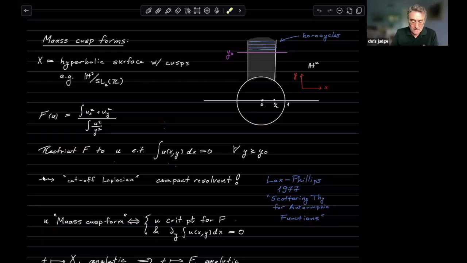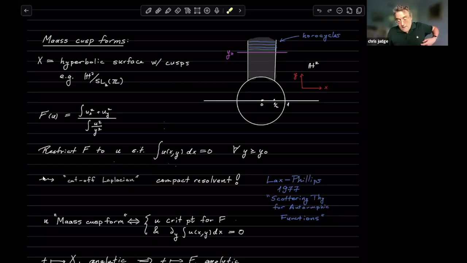Many people have worked on that question ever since, and it's still unresolved as to what happens for, say, the generic hyperbolic surface with a cusp. It's not known whether you have infinitely many. I'm assuming that we have a complete hyperbolic surface, finite volume, non-compact.